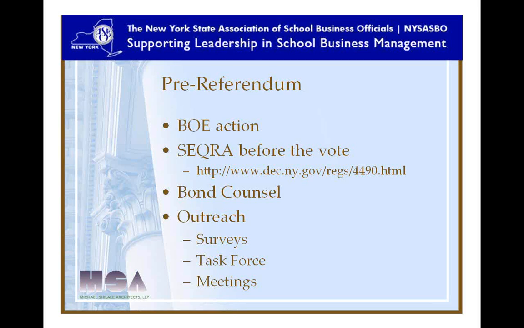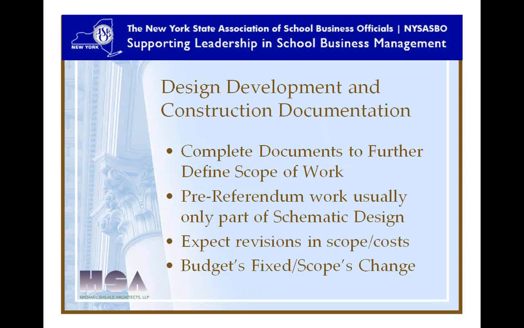And so do the outreach, issue surveys, create a task force, and have enough meetings so that when you put this referendum out there, you can be assured of some success. And you all know, certainly better than I do, how to get the word out to your communities and try to gain that community support.